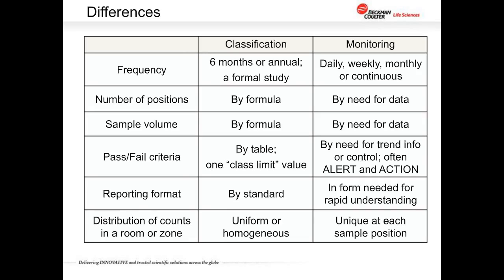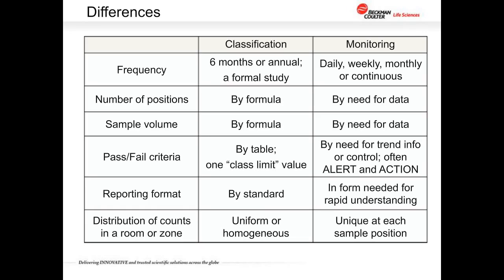You either meet the class or don't. There's a fairly standardized format for making the report. And it's somewhat assumed that the area or room is fairly uniform, or homogeneous, in terms of the distribution of particles in the air. Whereas when you look at the monitoring side, you're really dealing with something that is done more frequently, and you're trying to understand the current health, you might say, of the area.